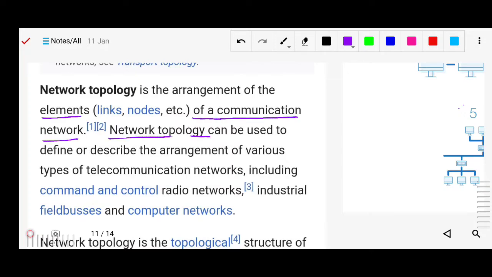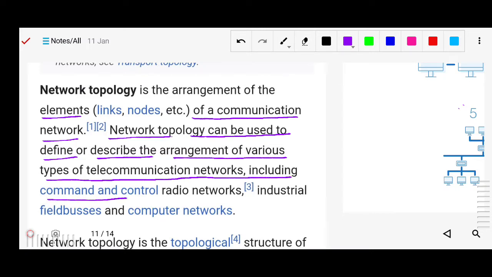Network topology can be used to define or describe the arrangement of various types of telecommunication networks, including command and control radio networks, industrial field buses, and computer networks. The basic meaning of topology is the arrangement.